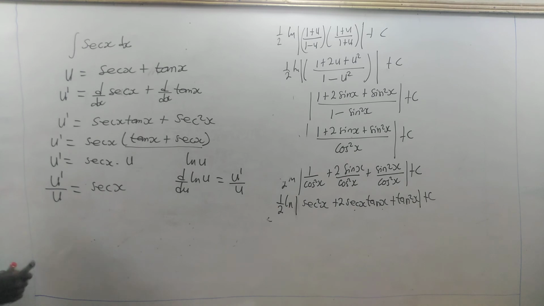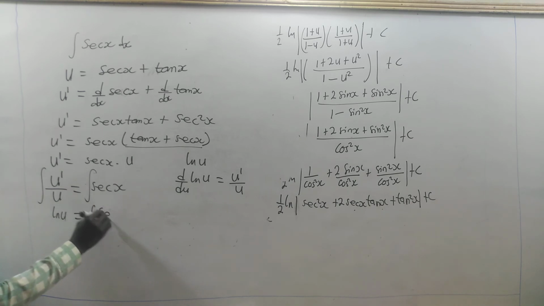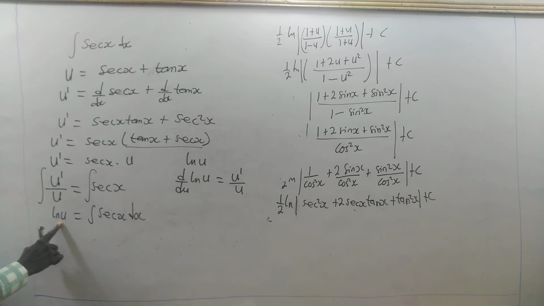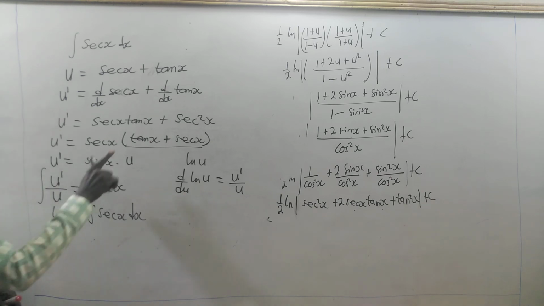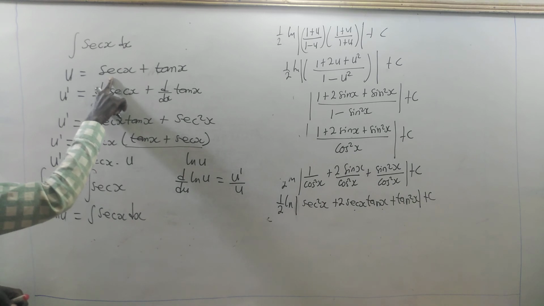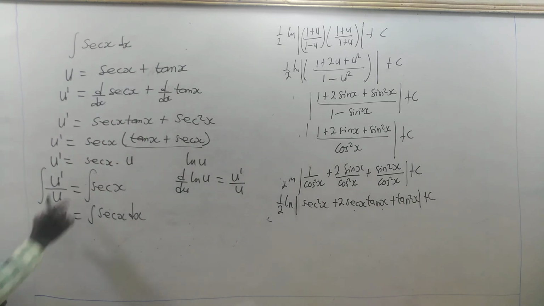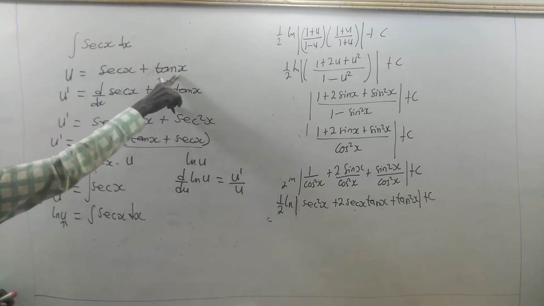So let's make our integral sign. So we take the integral of this, and we take the integral of this. Very simple as that. So the integral of this will give us ln u equal to the integral of secant x dx. And what is ln u? Sorry, what is u? u is secant x plus tangent x.